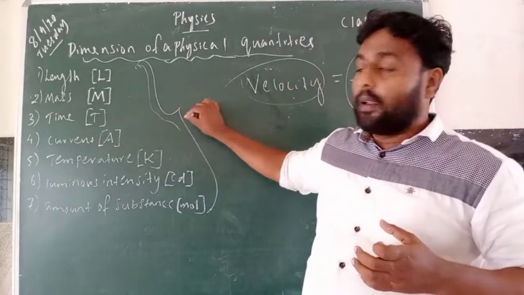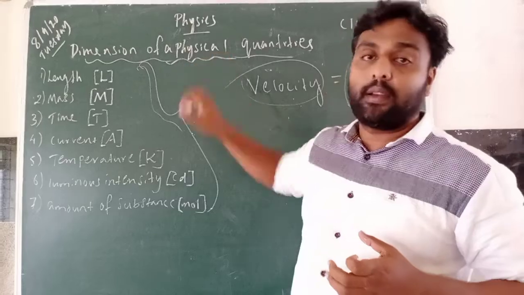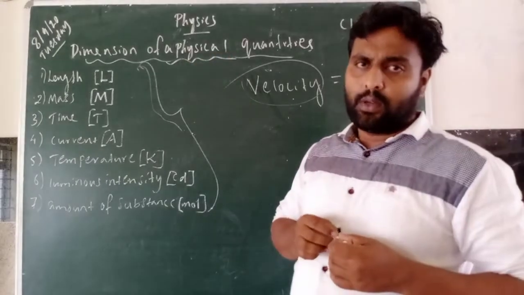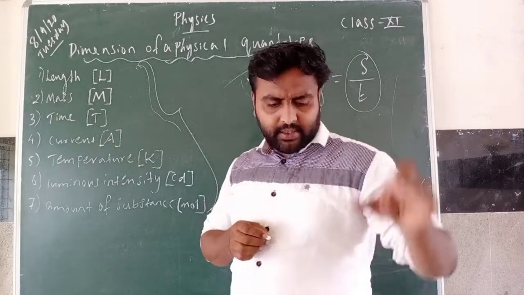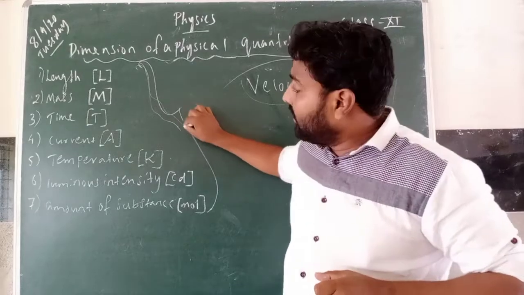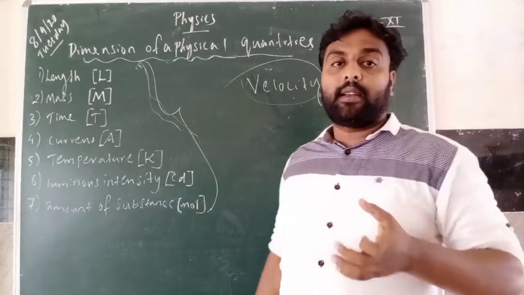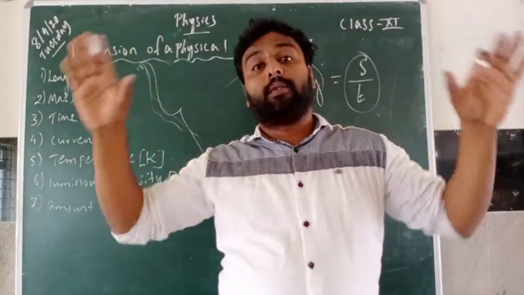These 7 base quantities we can use to represent derived quantities. So all these 7 basic quantities, we can say, are the dimensions of the physical world.